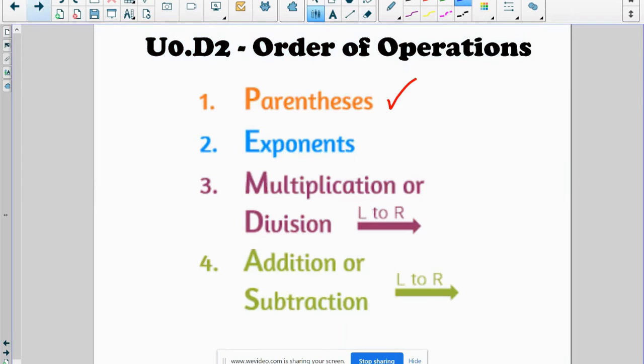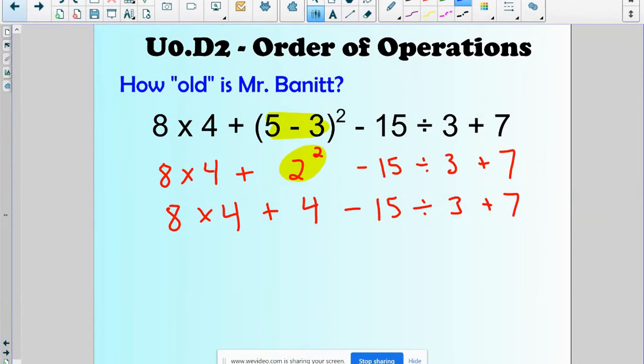After we do exponents, we multiply or divide from left to right. So we have to go back and look on the far left-hand side of the problem for either a multiplication or a division, and we do have a multiplication, 8 times 4.